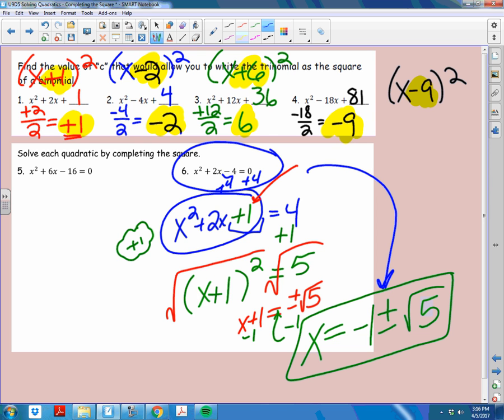It crosses at -1 plus the square root of 5, and it crosses at -1 minus the square root of 5. And if you want to know exactly where that is, you let your calculator do that work for you. You found the solutions to your quadratic.